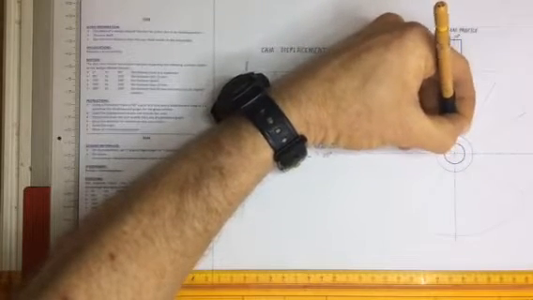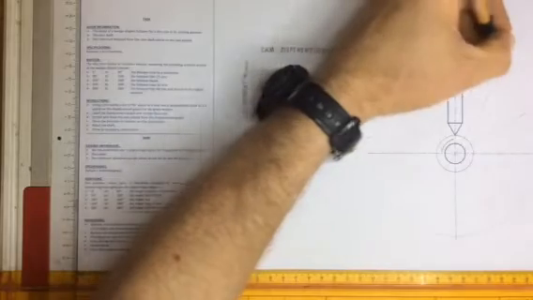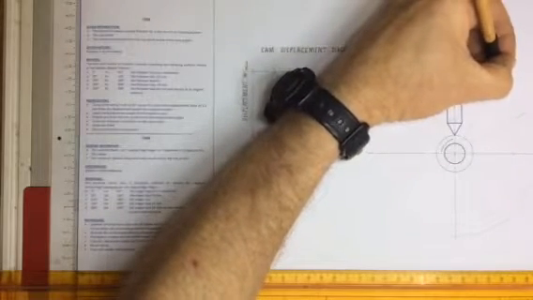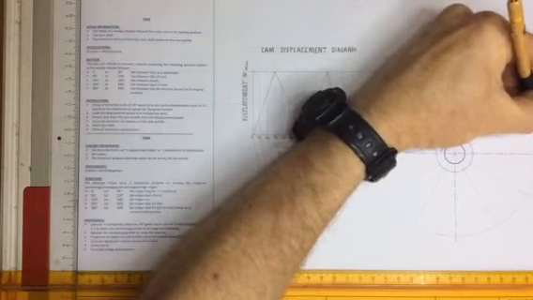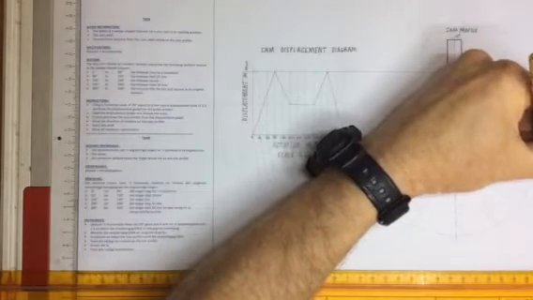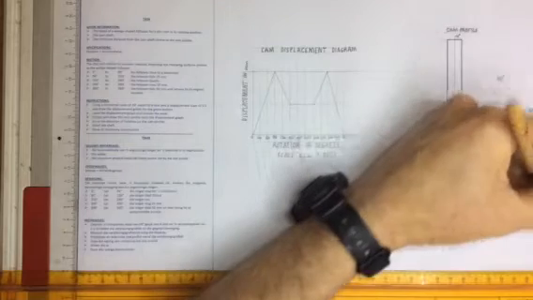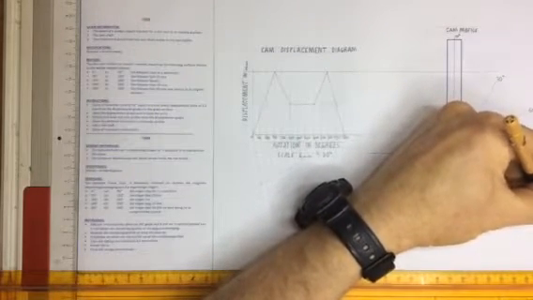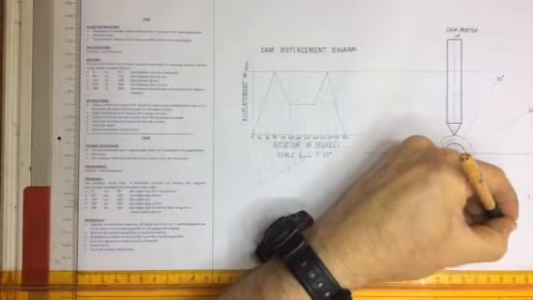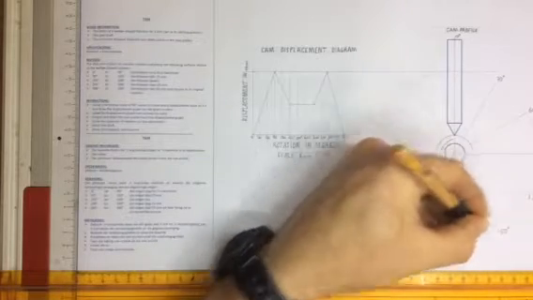If I've got an arrow going in that anti-clockwise direction, the 30 must come over here. 30 degrees over here, 60, 90, 120, 150, 180.